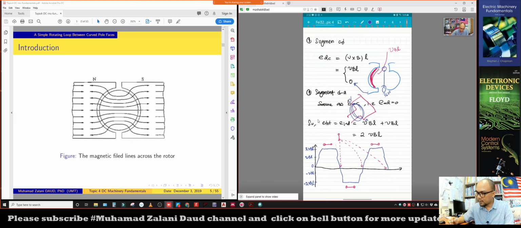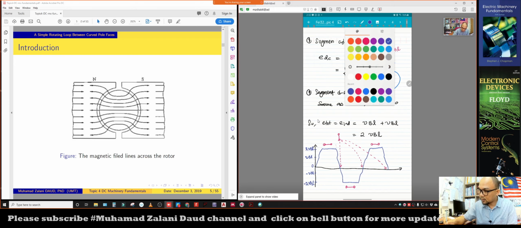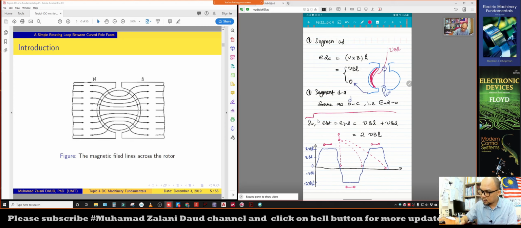So the total voltage can be calculated by using this equation, which is the sum of the voltage induced at segment AB and also the voltage induced at segment BC.